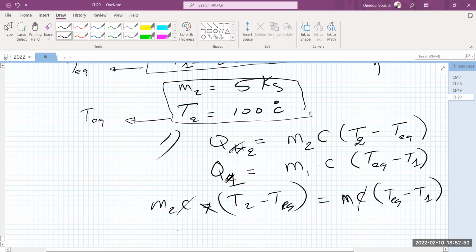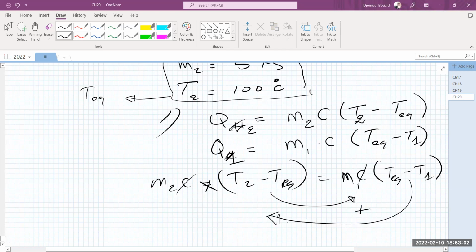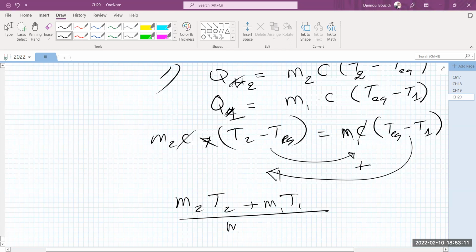Cancel the C from both sides and do some algebra. I'm going to have M2 moving to the other side, with a negative sign, it's going to be a positive. This negative moves to the other side, also becomes a positive. So what I'm going to end up with is (M2 T2 plus M1 T1) divided by (M1 plus M2) is equal to the T equilibrium.